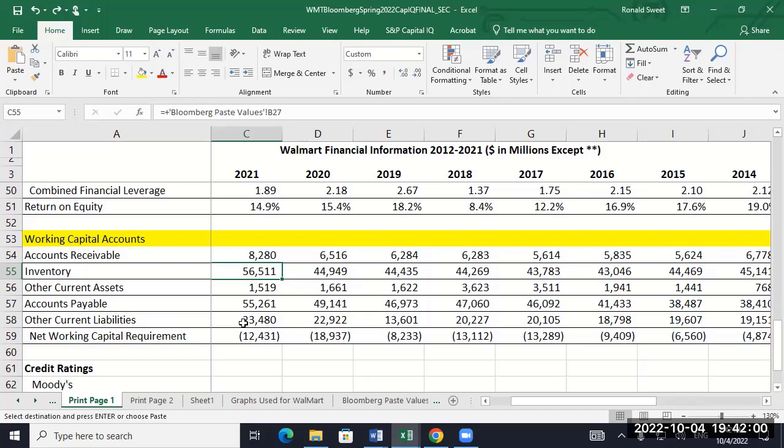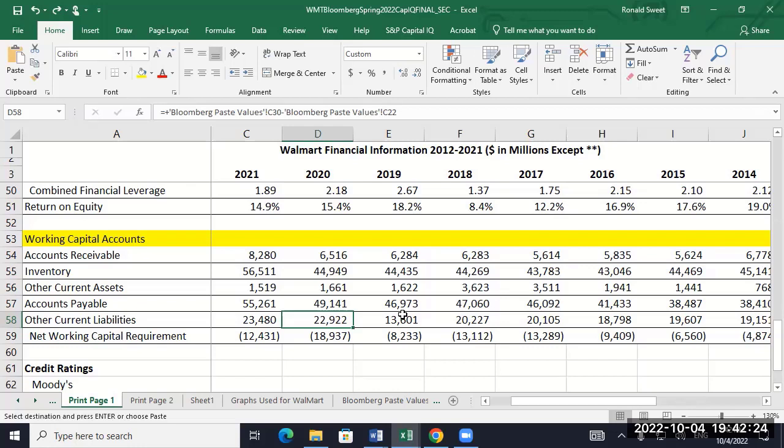Inventories really shouldn't be jumping like that all in 1 year. That's kind of bizarre. So that's an issue, and that's the main reason it dropped from 2020 to 2021, is that inventories jumped so much. But the reason it improved from 2019 to 2020 is because of this other current liabilities. So what jumped in other current liabilities?